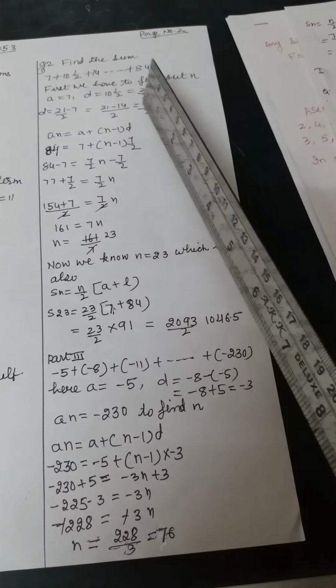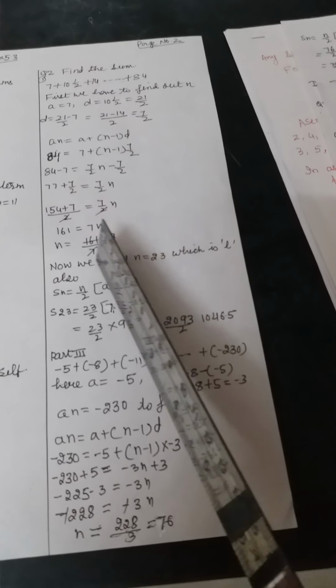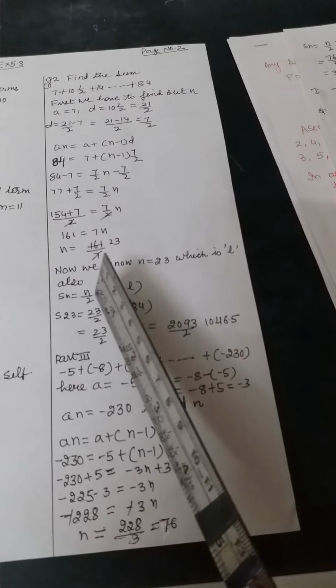So an is equal to a plus n minus 1 into d. An is 84, plus 7 plus n minus 1 into d. D is 7 by 2, and after solving it will come n is equal to 23. Now we know n, now we have to take out the sum of it.